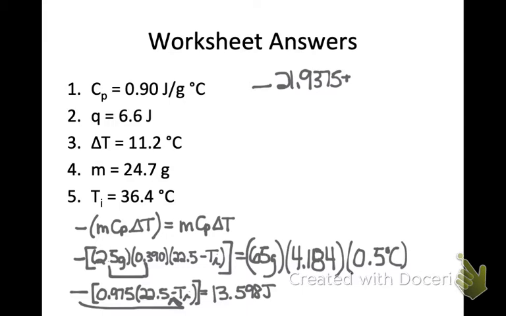When I multiply them together, they become positive, and so I have a positive 0.975 Ti, like so.